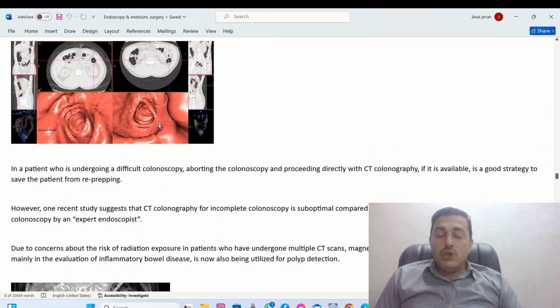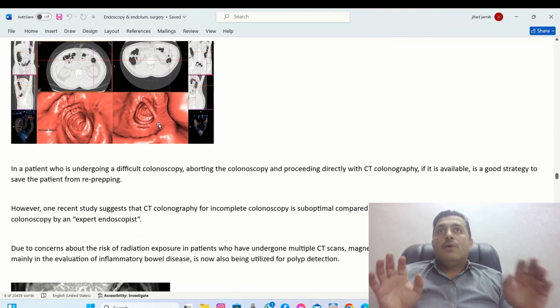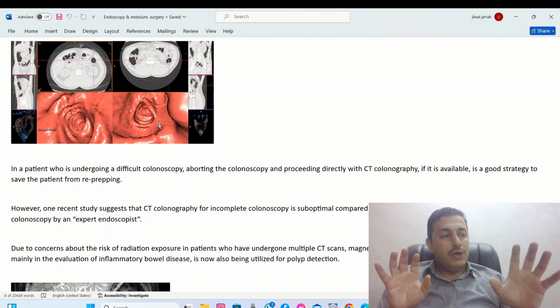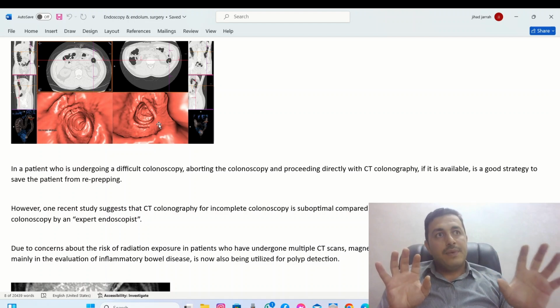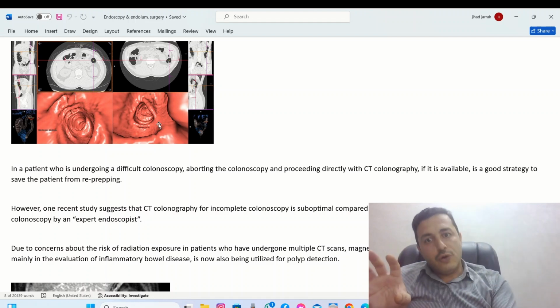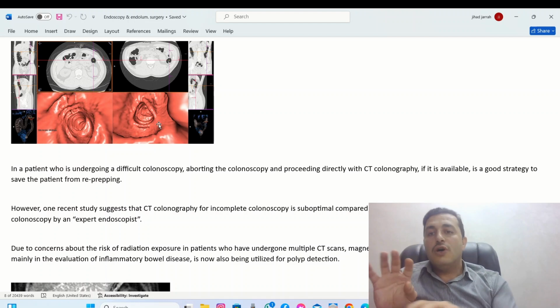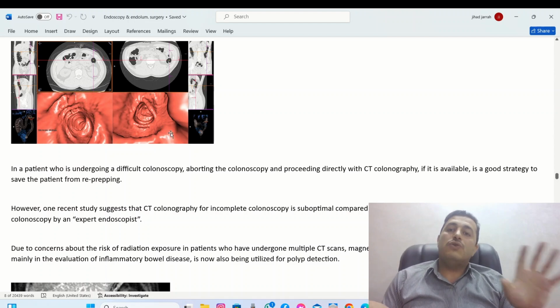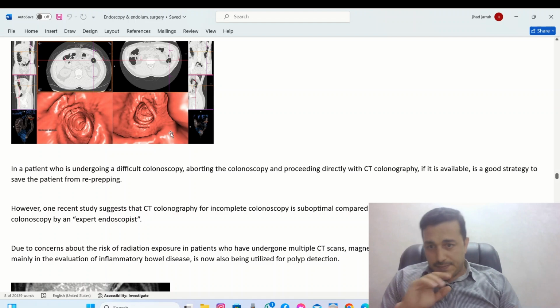Actually, to be honest, what is the best choice to go with: to repeat the incomplete colonoscopy with another colonoscopy by an experienced endoscopist, or to proceed to CT colonography? No, the first scenario is the preferred.